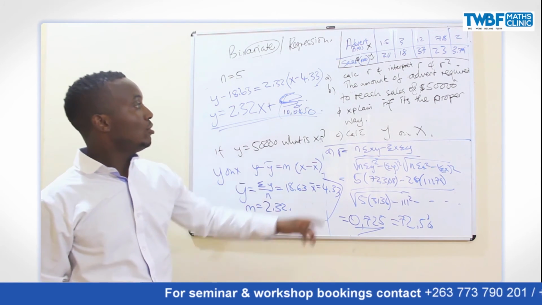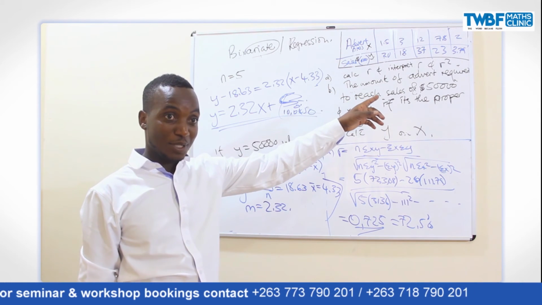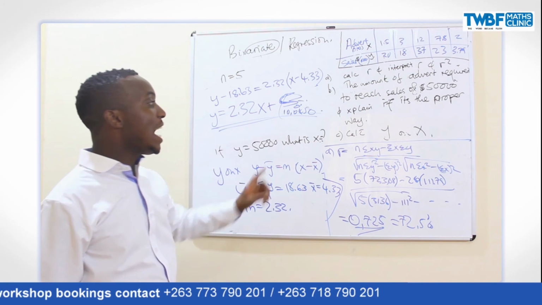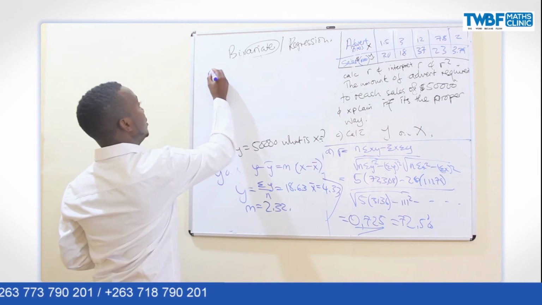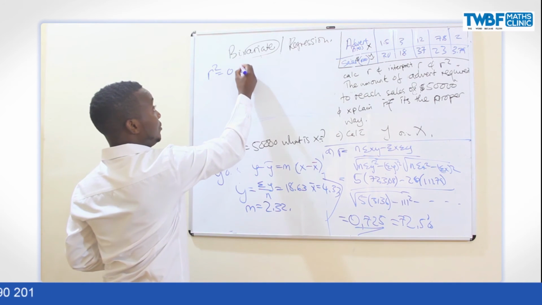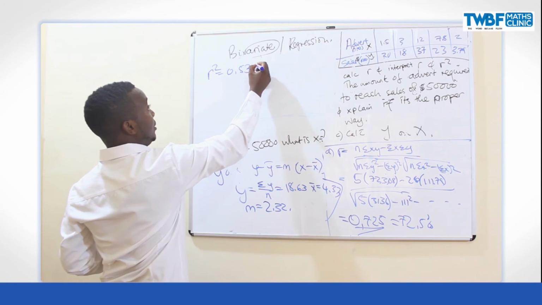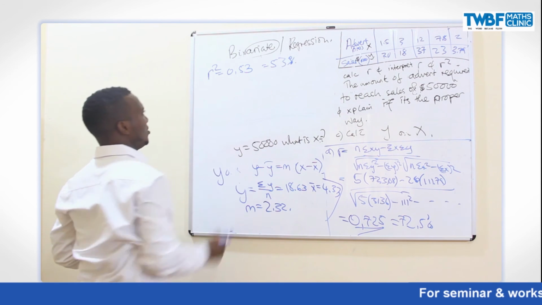So now I want you to explain r and r squared. Did we explain r squared? No. We say this is r. What's your r squared then? 0.553, which is equal to 53%. It's not very strong.